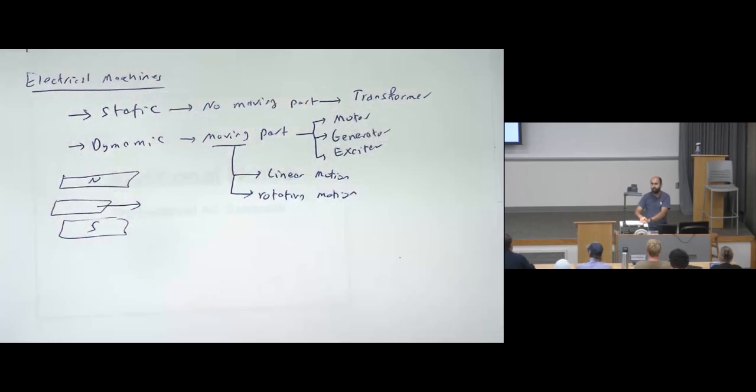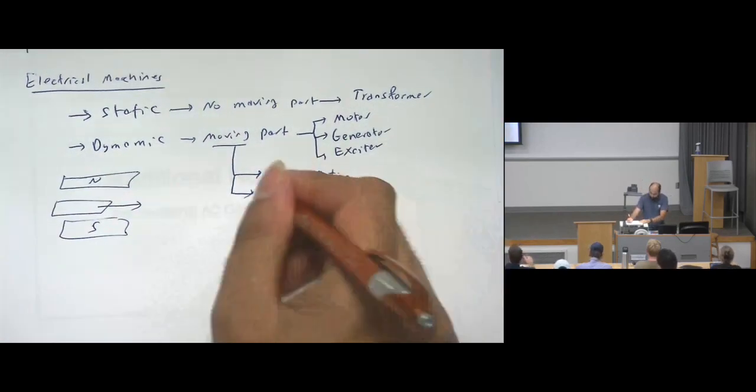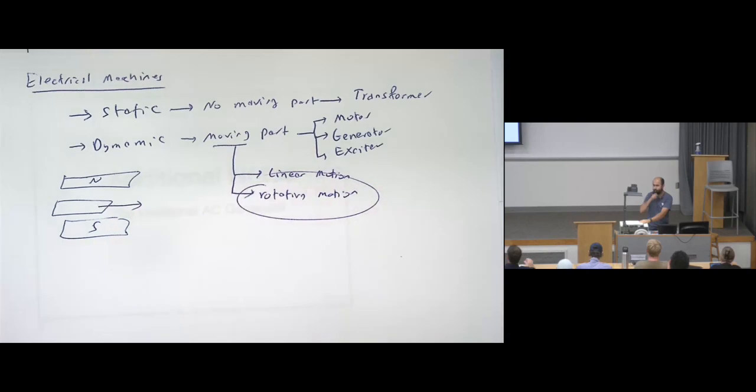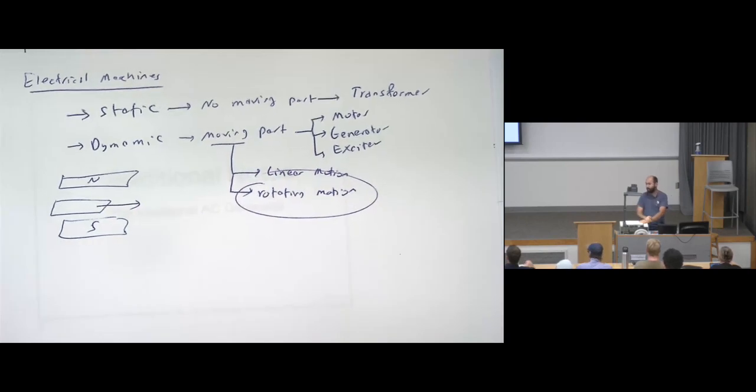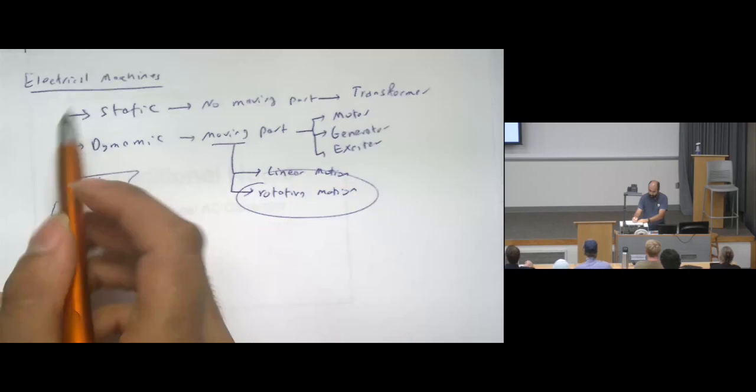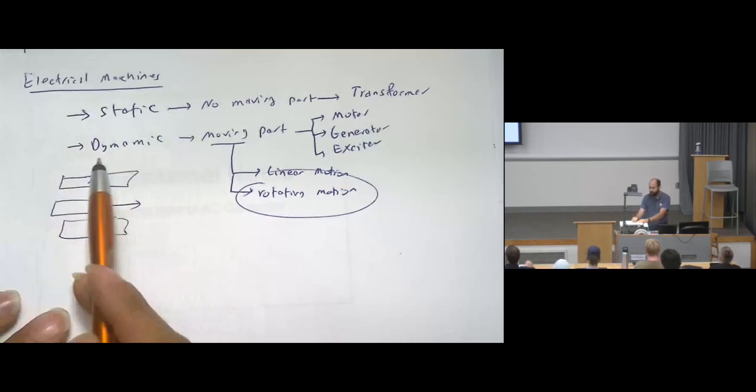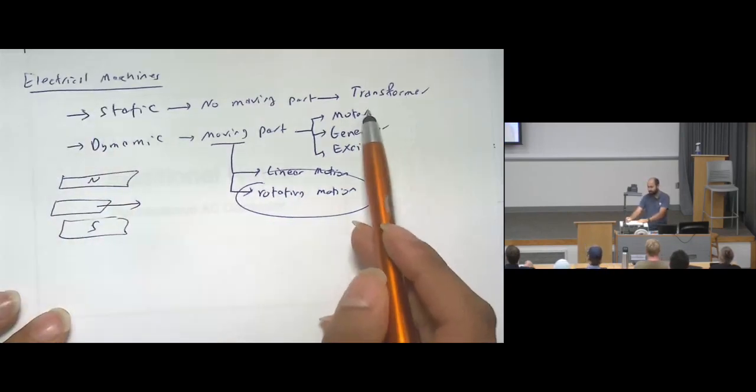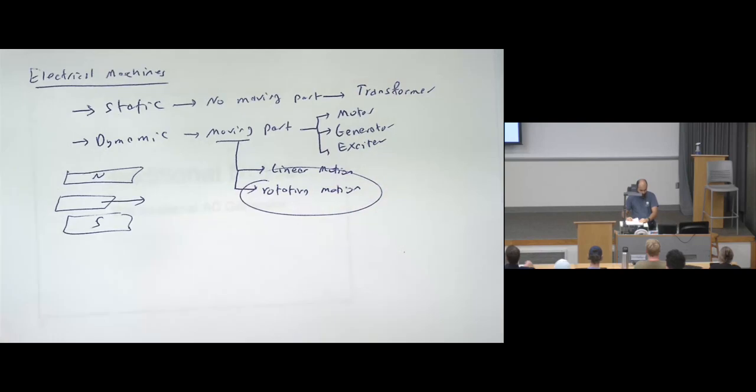So there are several types of linear motion, but we will focus on rotating because the vast majority of machines are rotating. So electrical machines, again, can be static or dynamic: transformer, motors, generator, and exciter.